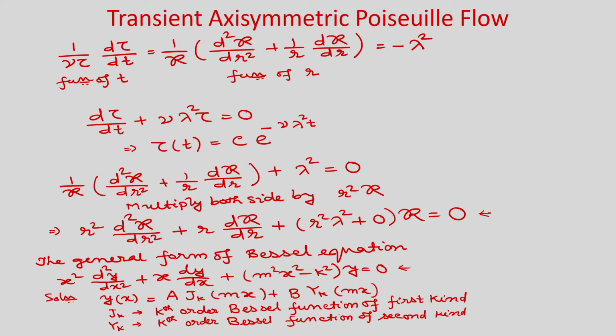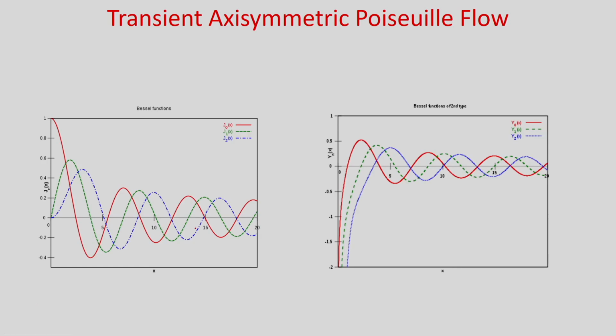Similarly, this k is 0, so the order of this Bessel function is 0. And if you see the solution of J_k, you can see this solution is periodic.